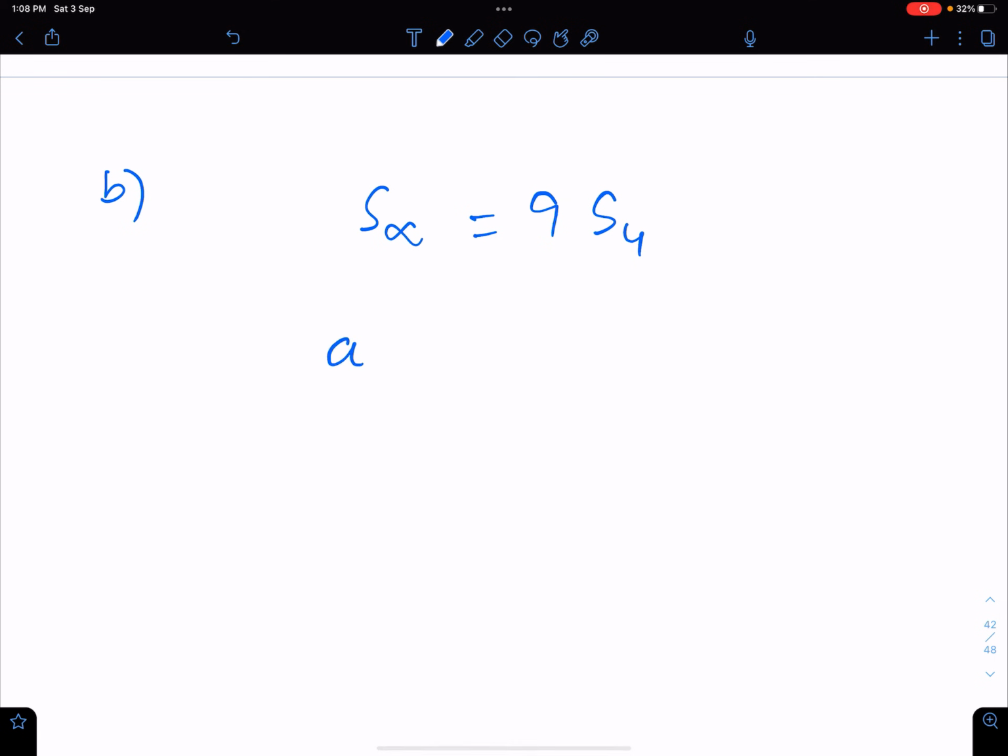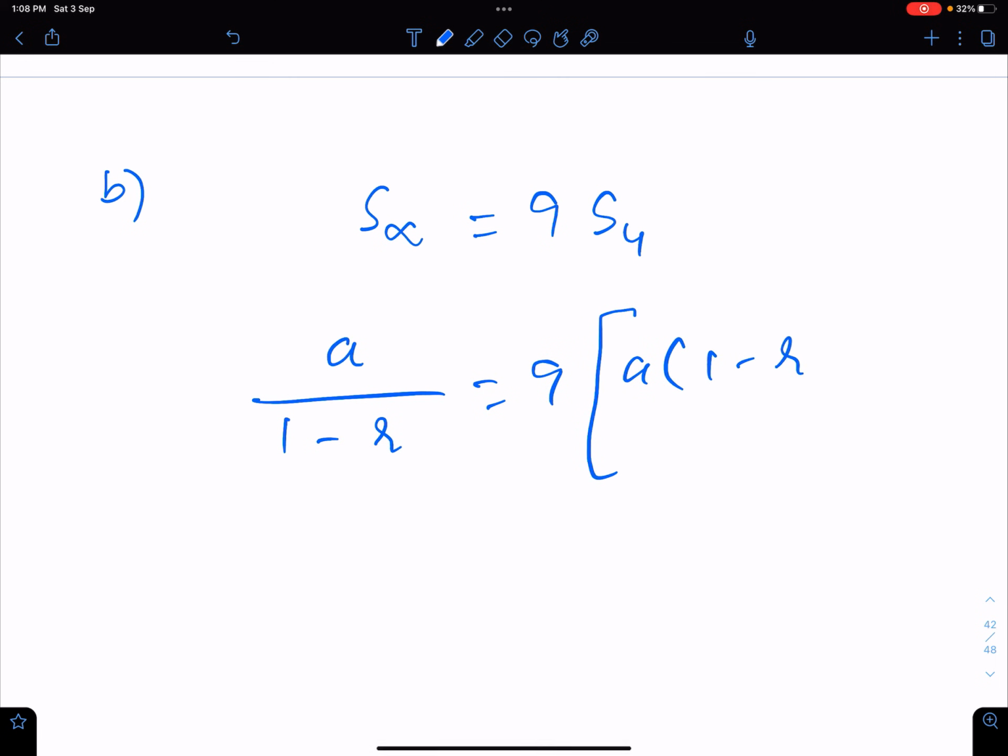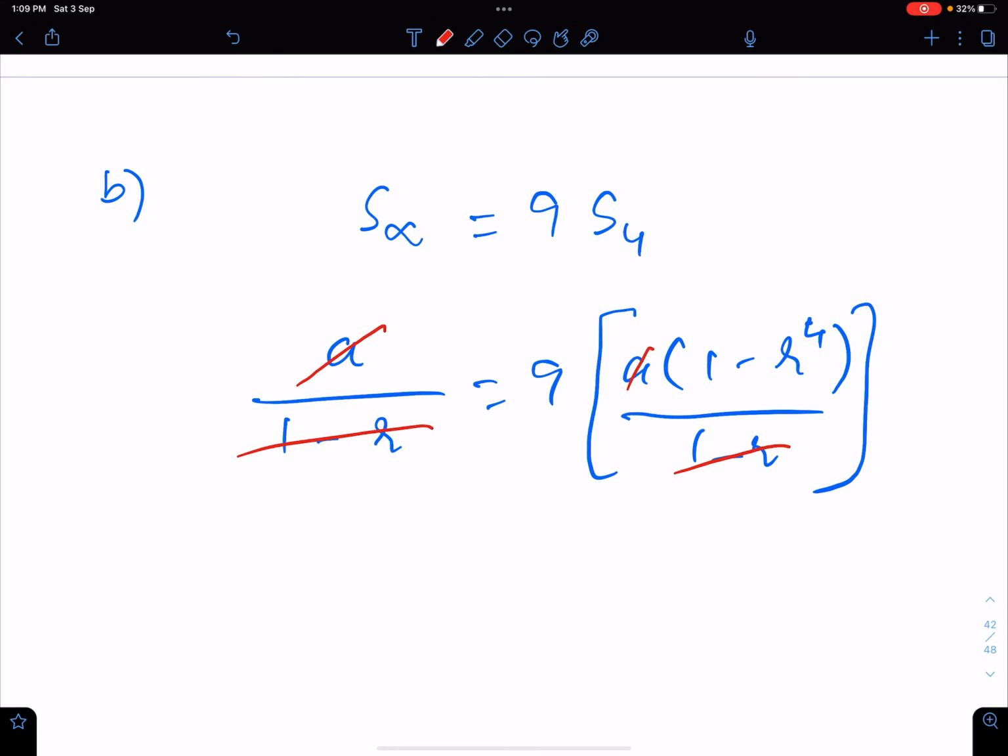So a upon 1 minus r equals 9 times a(1 minus r to the power 4) upon 1 minus r. Now do the cancellation, a and 1 minus r. So we have 1 is equal to 9 times (1 minus r to the power 4).